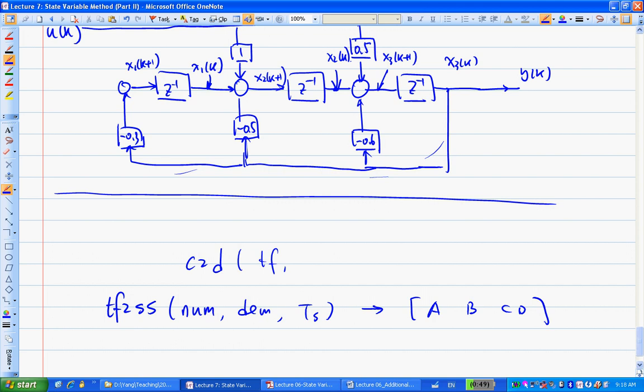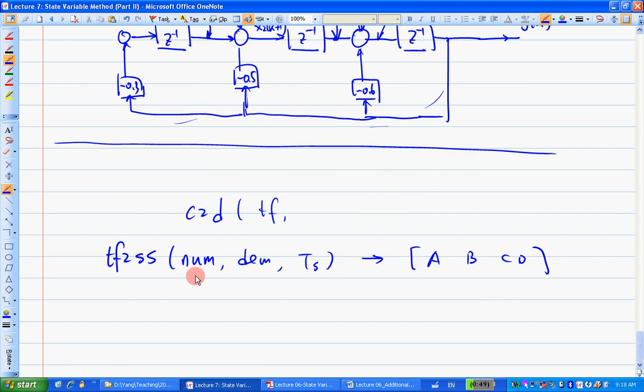Basically, you convert this numerator and denominator, which is the G of Z, into the ABCD. So MATLAB does this translation from the Z pulse transfer function to a state space ABCD.